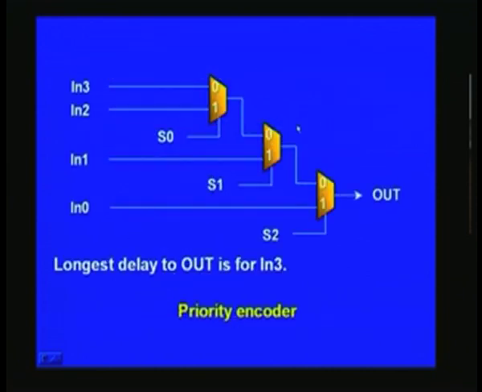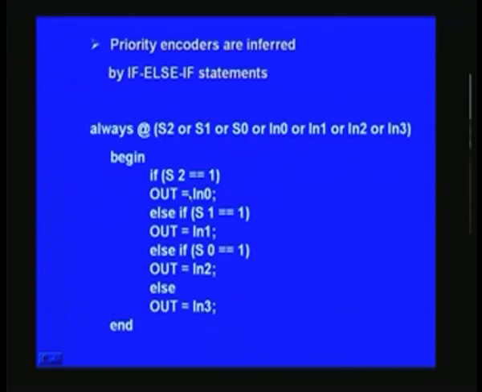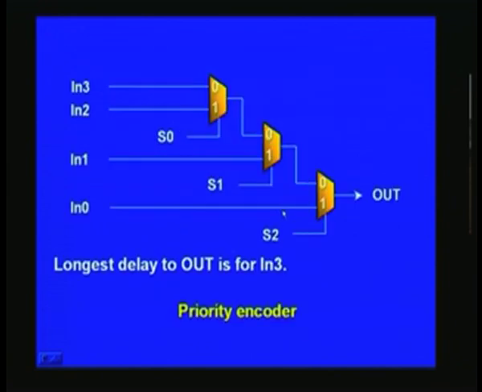So here you see that the very first if statement was for S2 as such, that's here, and this is the top priority as I mentioned. So that means if S2 is 1, this input is straight away output here, right. So the gate delay here as far as the input is concerned, it's only just from here to here.